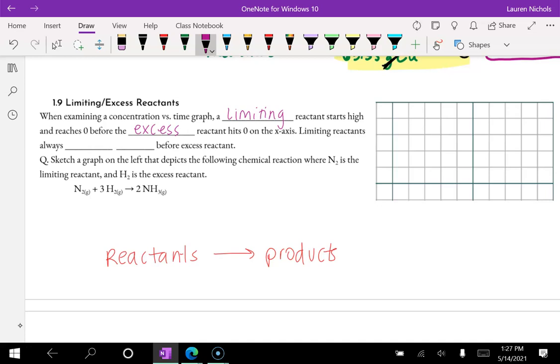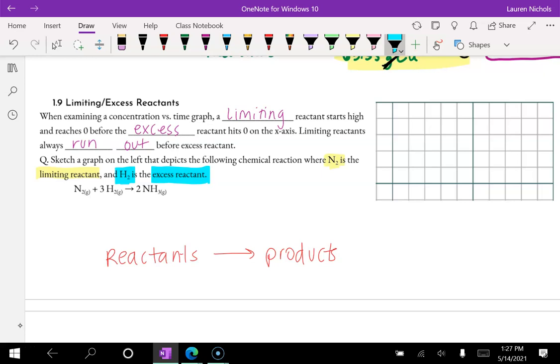This means that limiting reactants always run out before the excess reactant. So limiting reactants run out, excess reactants you have left over. And so the question says to sketch a graph on the left that depicts the following chemical reaction where nitrogen is going to be the limiting reactant and hydrogen is going to be our excess reactant.